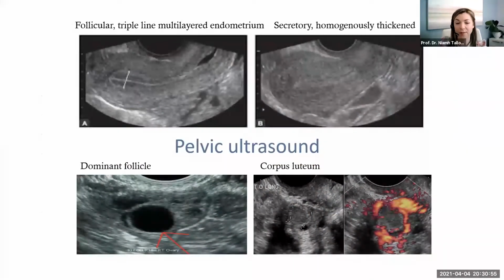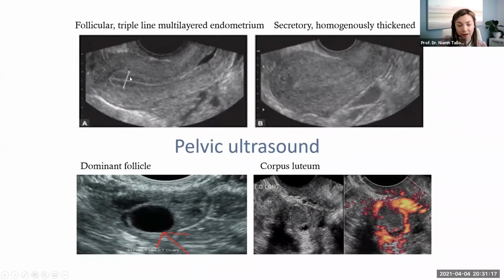Now, ultrasound can be really helpful, but it depends on the timing with which you're using ultrasound to establish ovulation. There's a lot of other things you can get from 2D imaging using transvaginal ultrasound. The image at the upper left is a sagittal image of the uterus.